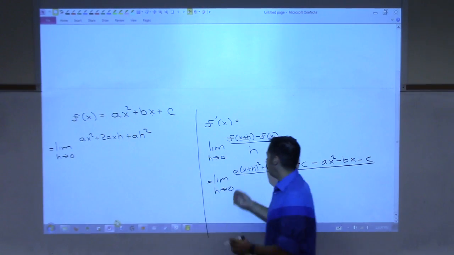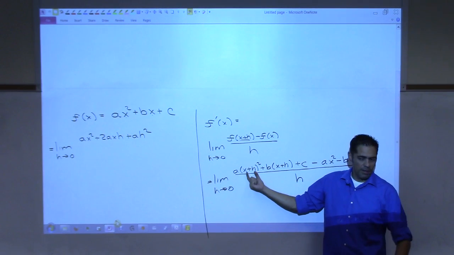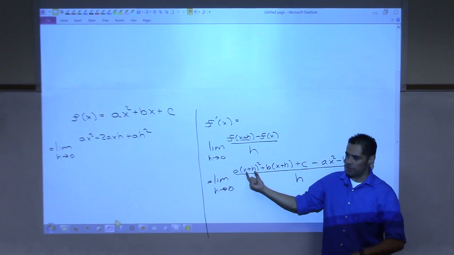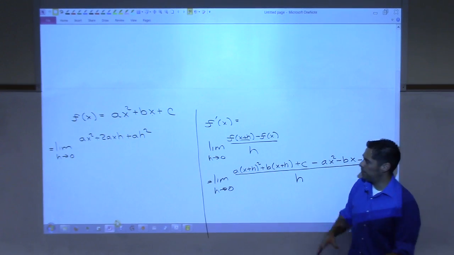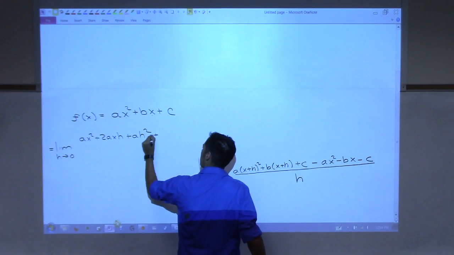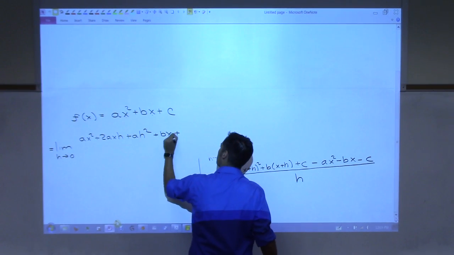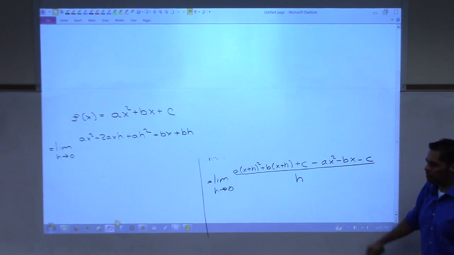So I did this in my head. I expanded that out. That was x squared plus 2xh plus h squared. Then I distributed an a through to each of those terms. Then I distribute a b through. Plus bx plus bh. Still have plus c.